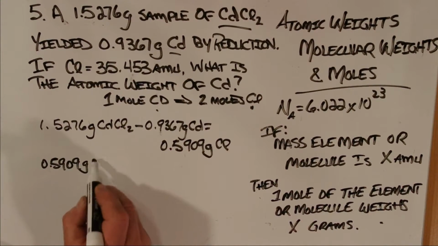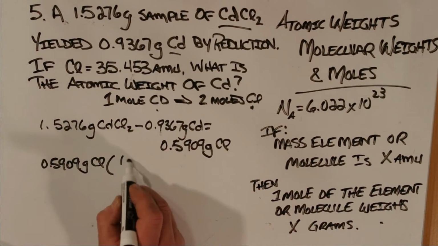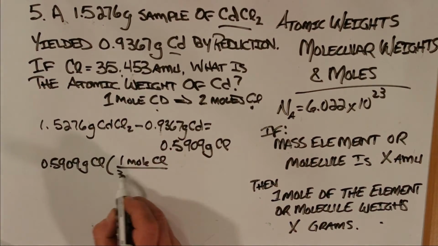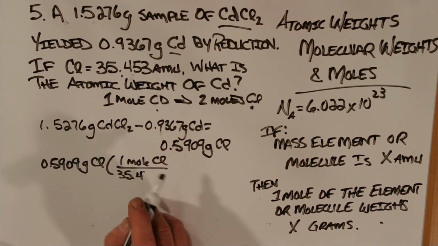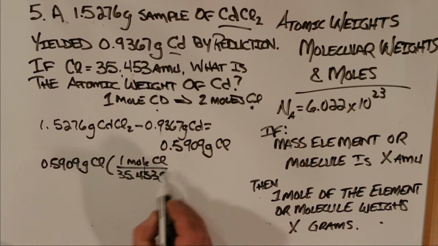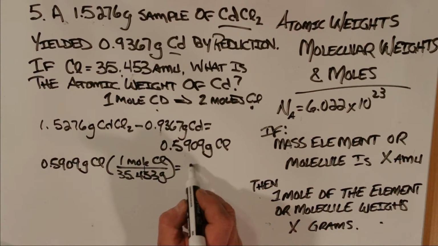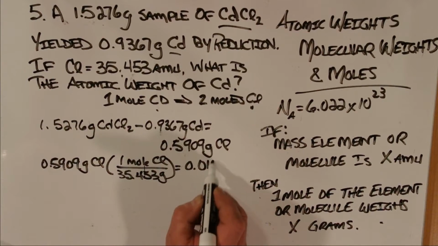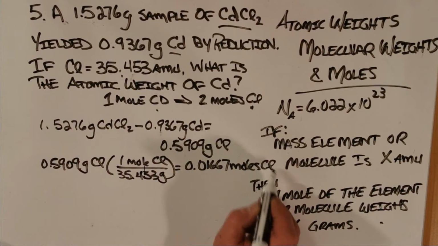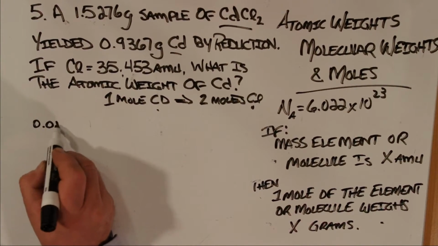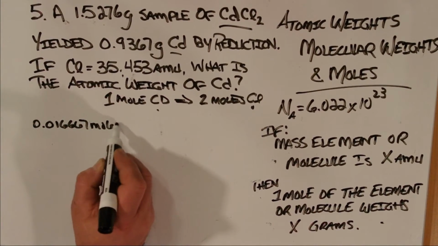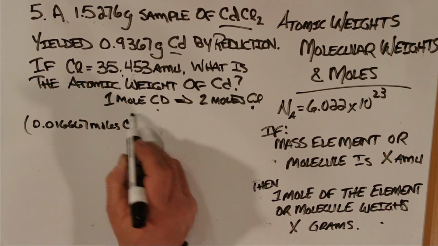If we take that number and multiply it by a relationship, 1 mole of chlorine over 35.453 grams of chlorine, we find that our sample initially had 0.01667 moles of chlorine. We know that because of the molecular formula for cadmium chloride, there are 2 moles of chlorine for every mole of cadmium.